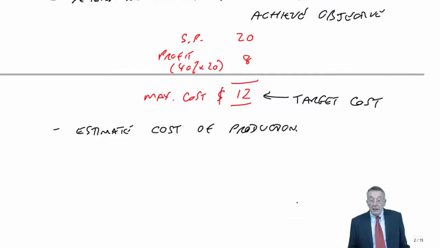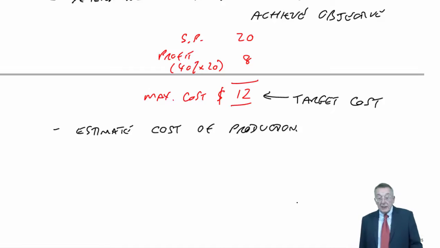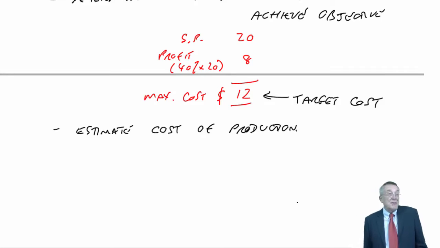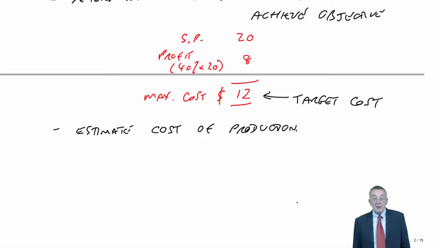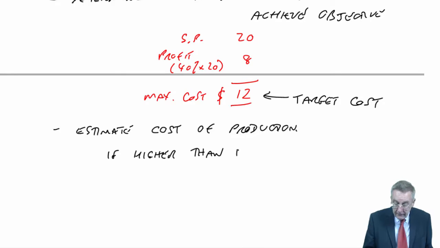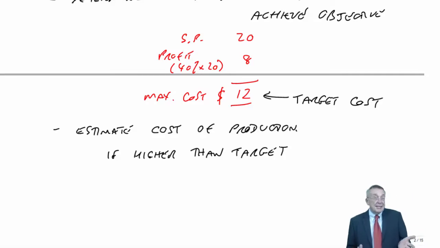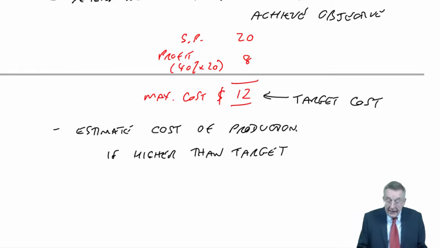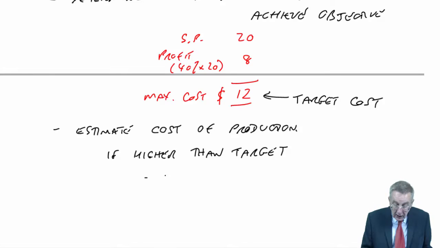More likely, when we come to estimate and do our costings, we'll end up with a cost of more than 12. Maybe we get a cost of 13 or 14, estimated cost of production. Well, if it's higher than the target, so if it was, let's say, $13 a unit, well, the difference we call the cost gap.